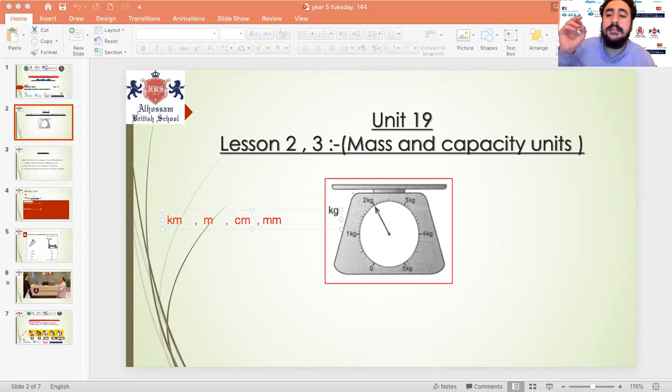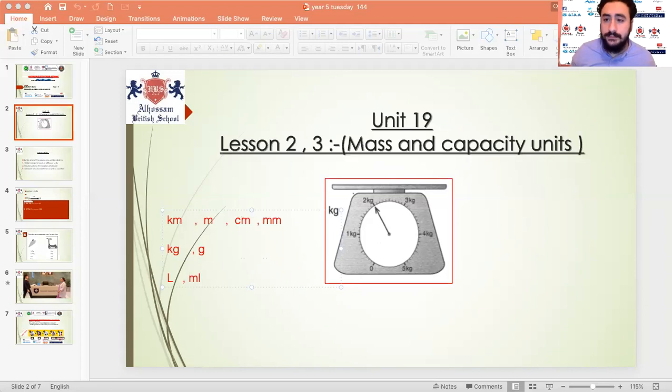And about the mass units, it's easy because we don't have all of this. We have only 2 things, which are kilogram and gram, just 1,000. When I talk about capacity units, we're only going to take liter and milliliter.